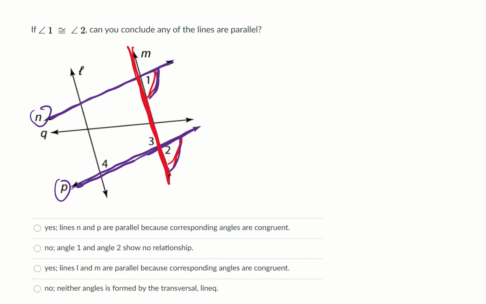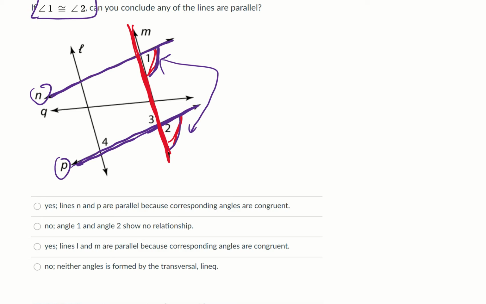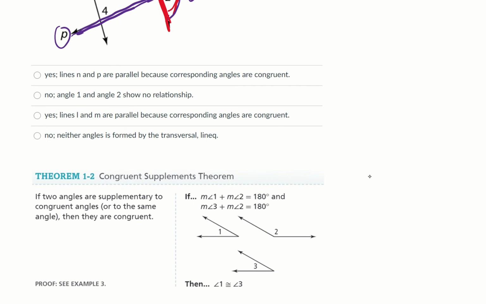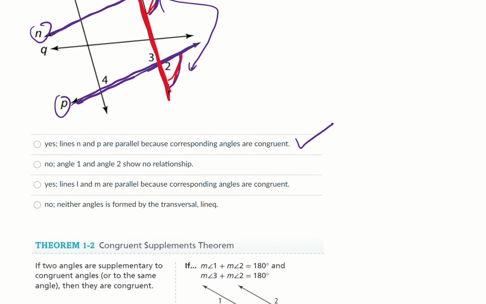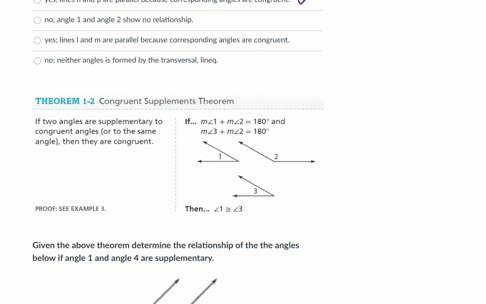So that is the figure relevant to angles 1 and 2. Then are N and P parallel? The answer is yes, because these two are equal. If angle 1 is congruent to angle 2, that means N and P are parallel, because corresponding angles are congruent.